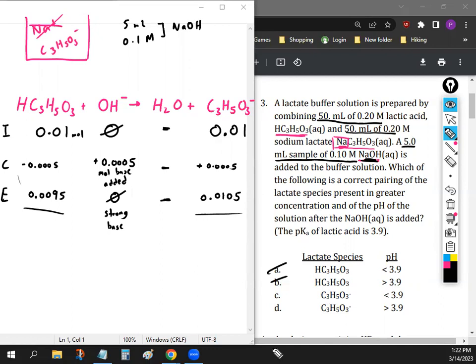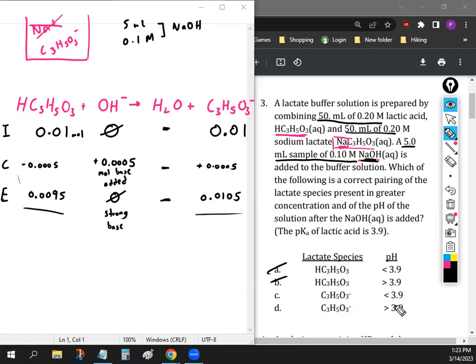Now, you could do the calculation to find the exact pH, but let's just think about this logically. We added a base. If you add a base to something, it's going to become a little more basic, no matter what, even if it's a buffer. So if it becomes a little more basic, will the pH go up or down? It'll go up. Bases are higher numbers.